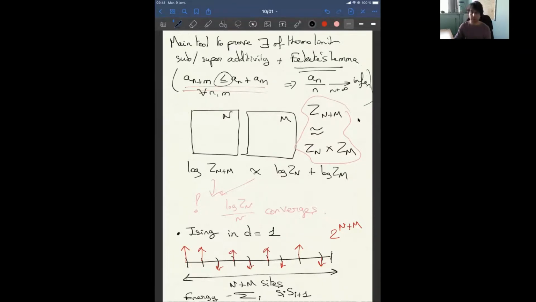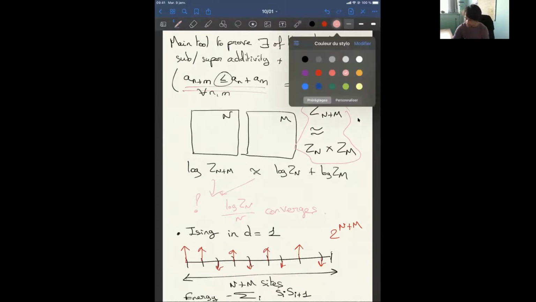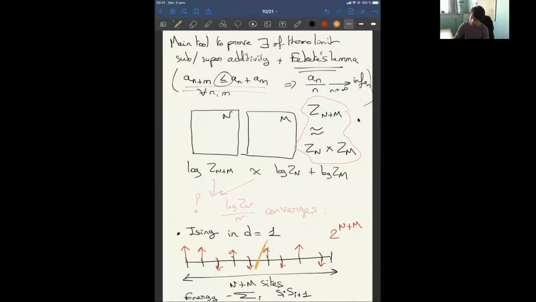And you can put that into the integral and try to say, okay, if I cut the box in two, if I cut the interval into, say, here, and I have n particles here and m particles here, well, the only contribution of one side with the other side is only right at the boundary, because sites only interact with their neighbors.